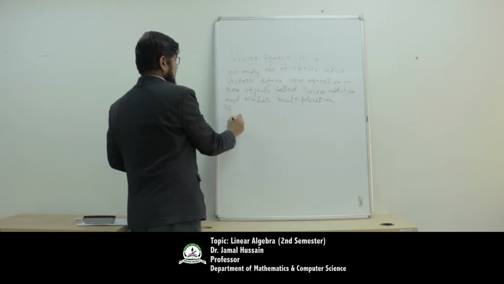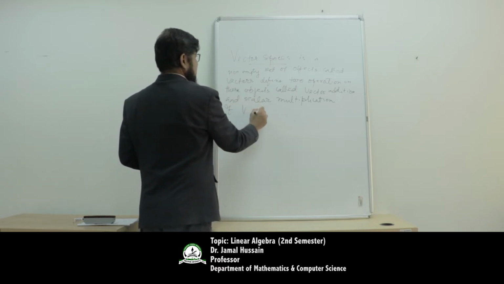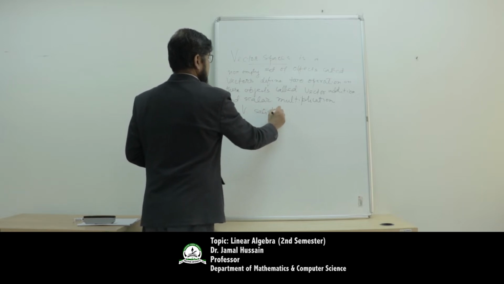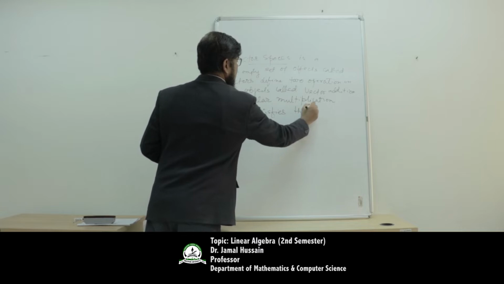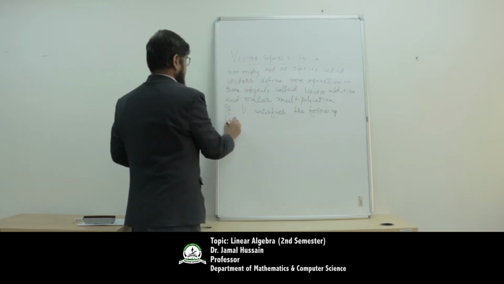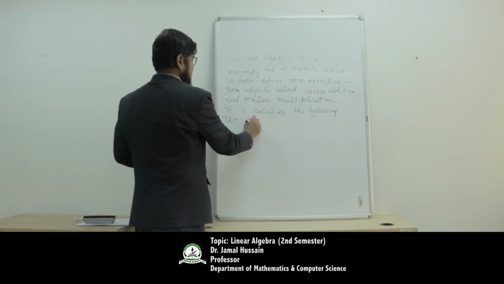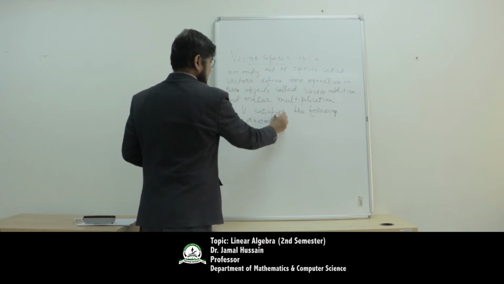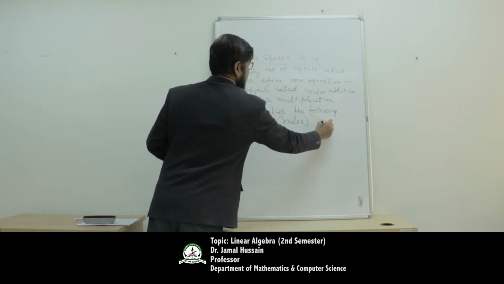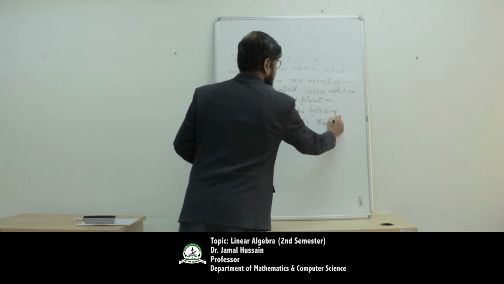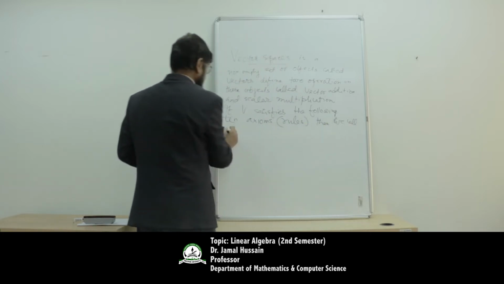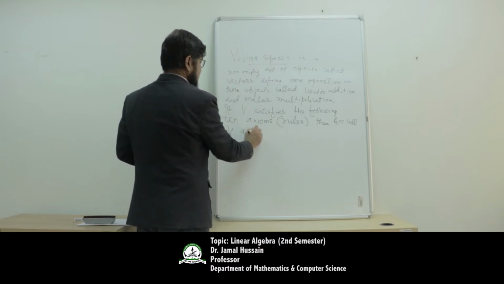And if V satisfies the following 10 axioms, axioms are nothing but rules, then we call V a vector space.